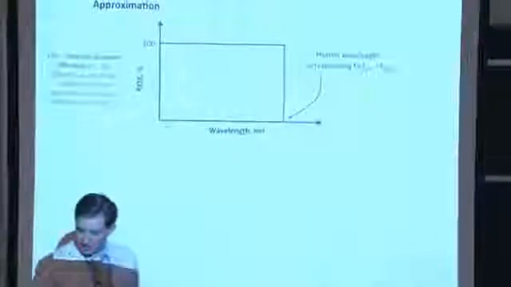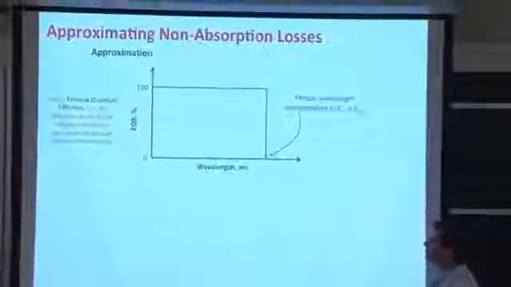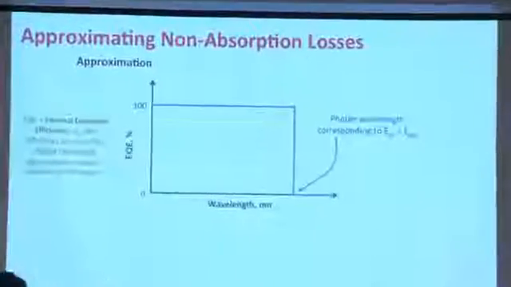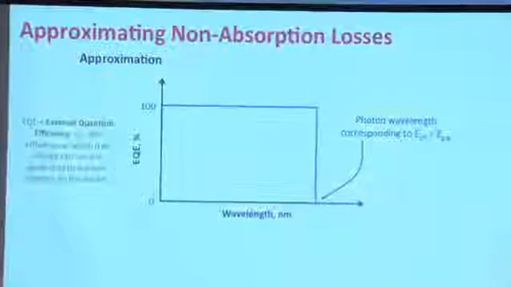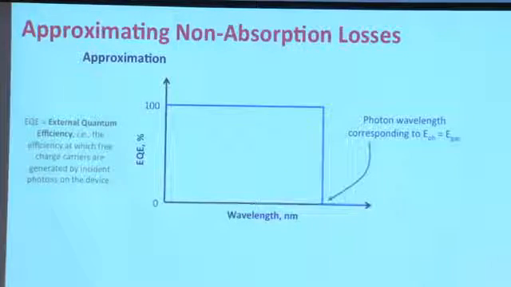So approximating non-absorption losses, very first step. What we're going to do for our non-absorption losses is run a very quick approximation that any photon with energy corresponding to the band gap energy is going to be absorbed. So if the photon has a larger energy than the band gap, it will be absorbed.